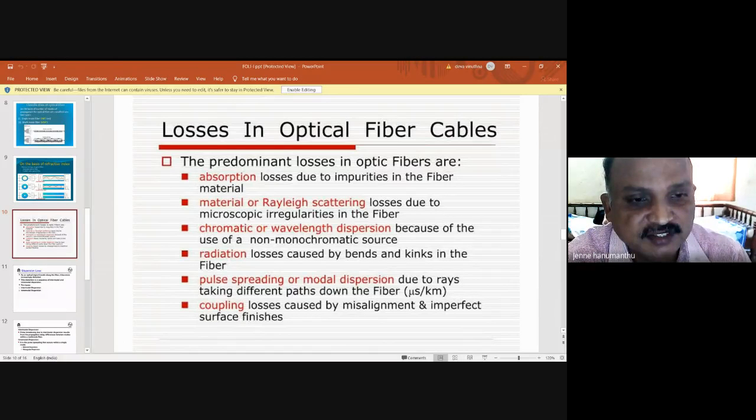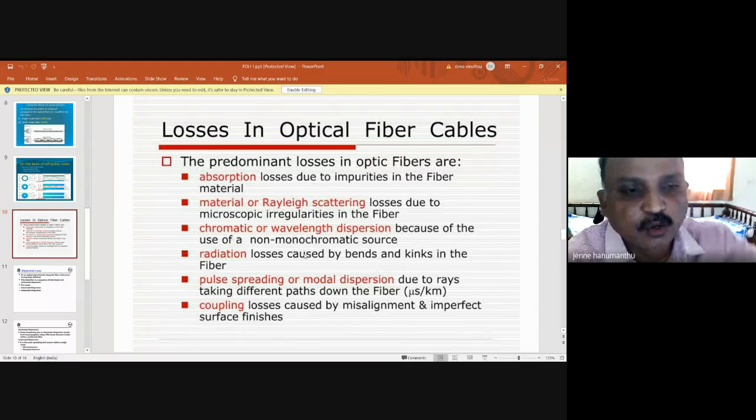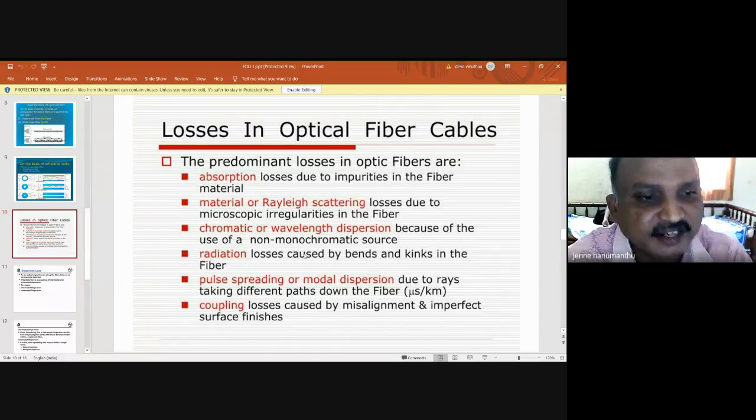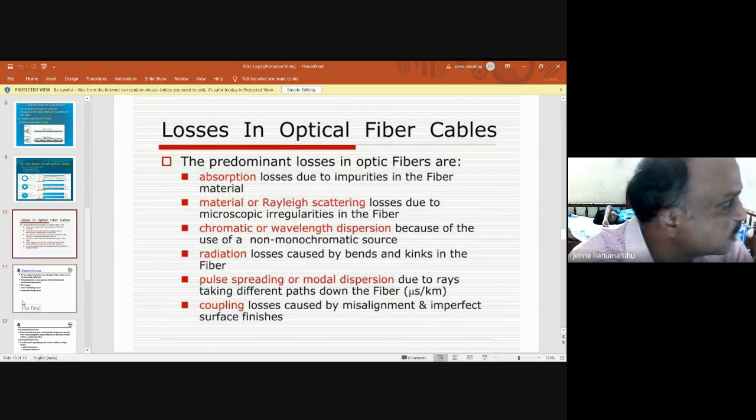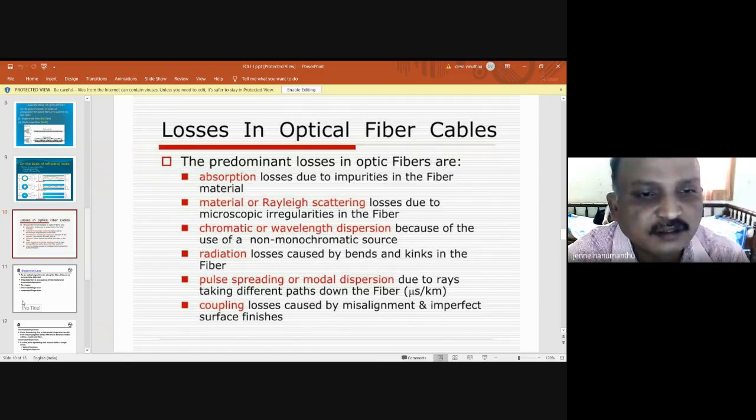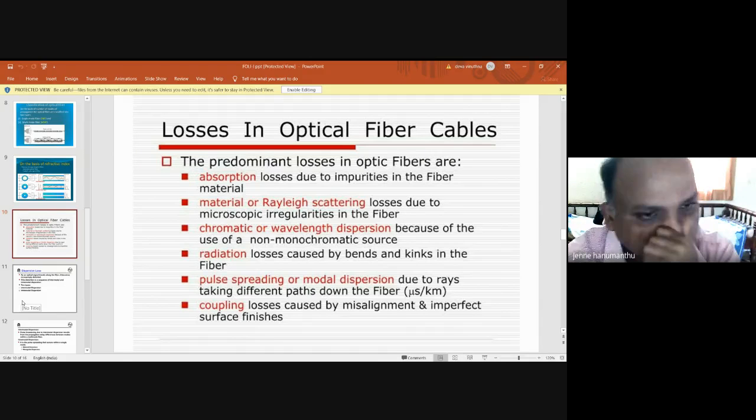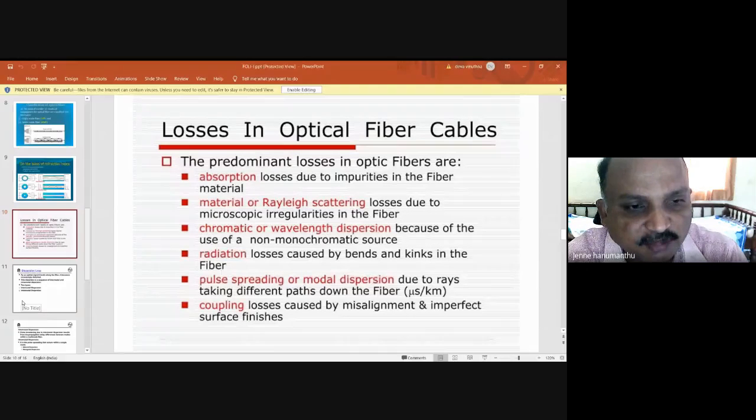When the light enters the core of the fiber, the light may take different paths. Different paths means different modes.